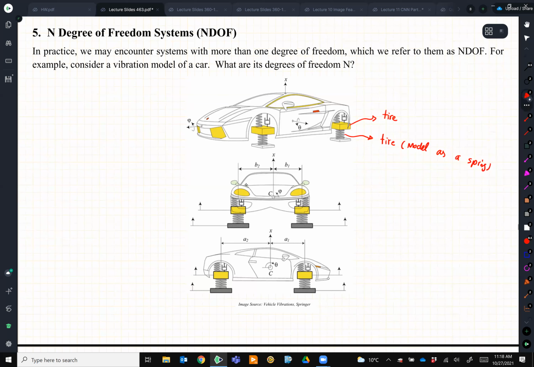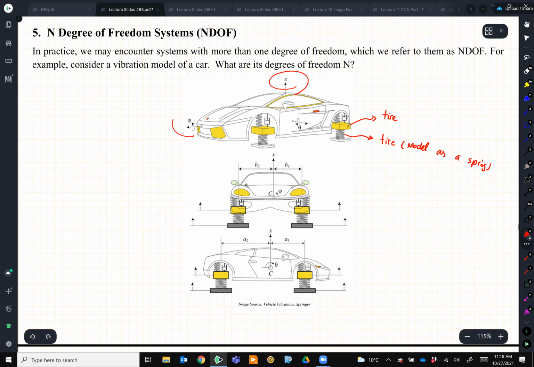Looking at this model, you can say, well, I have the vibration going up and down. So that's one variable, right? We call it X. The whole car moves up and down. Then I have the phi angle, the pitch angle. The car can rotate around that axis. I have theta.